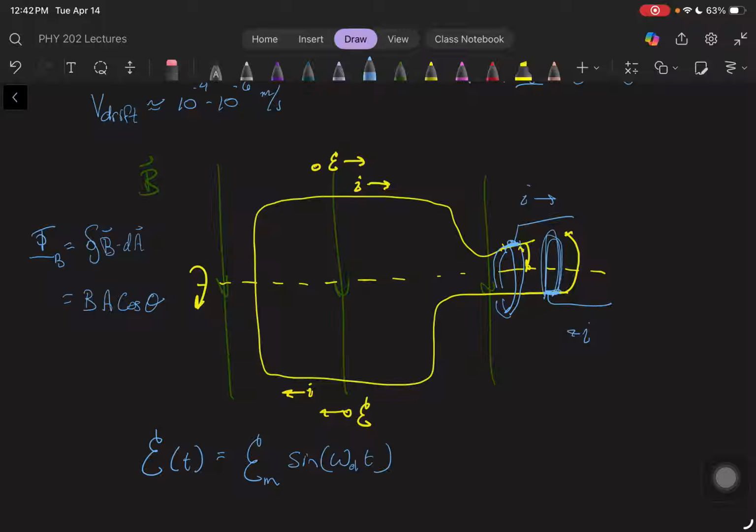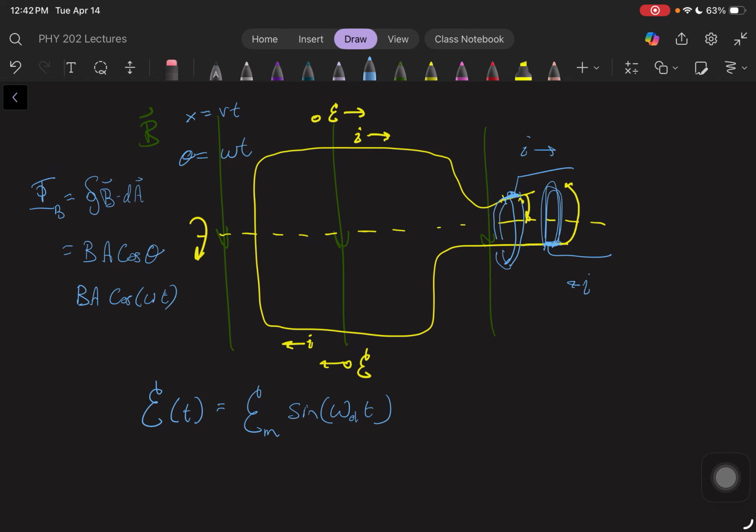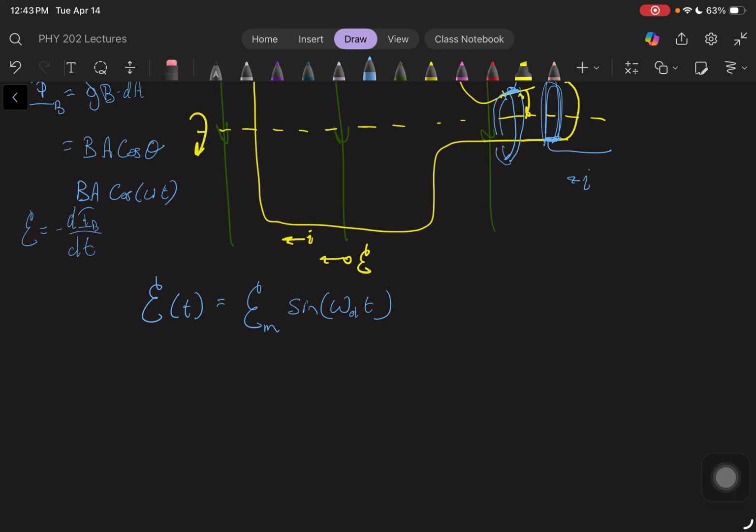And so then we can write it as BA cosine omega t because we have theta is equal to omega t, right? Just like you could have x is equal to vt. You know, same idea. And so then if we take EMF is equal to negative d phi dt, you get that the EMF is going to follow a sine, right? And so that's more or less where this comes from.